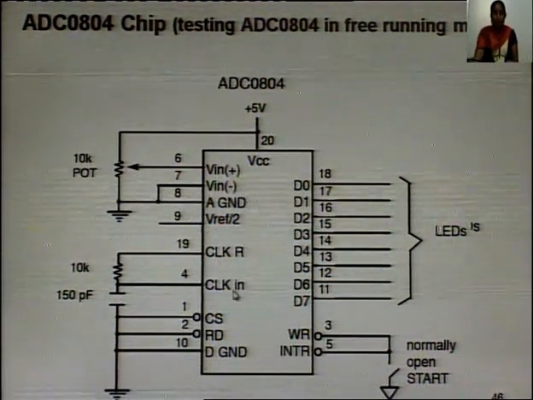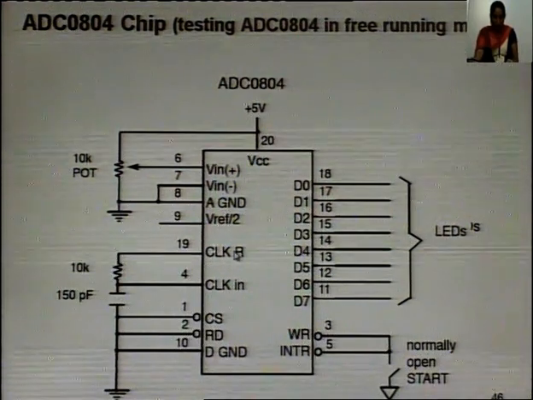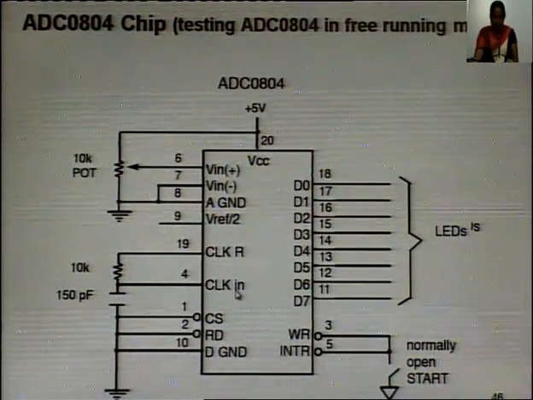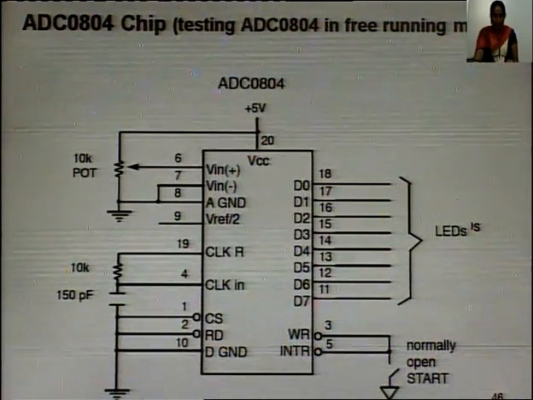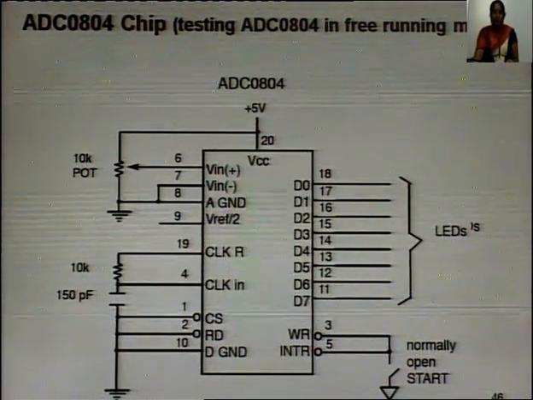After that, we have clock in and clock R. Clock in is an input pin connected to an external clock source when an external clock is used for timing.